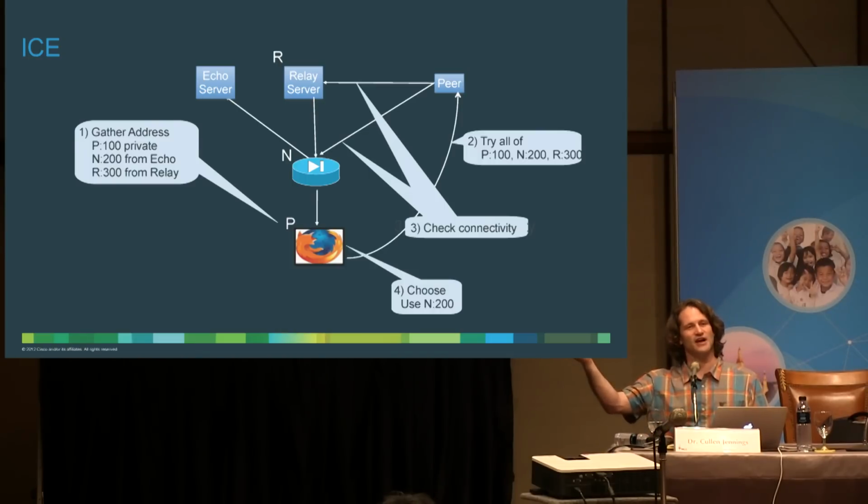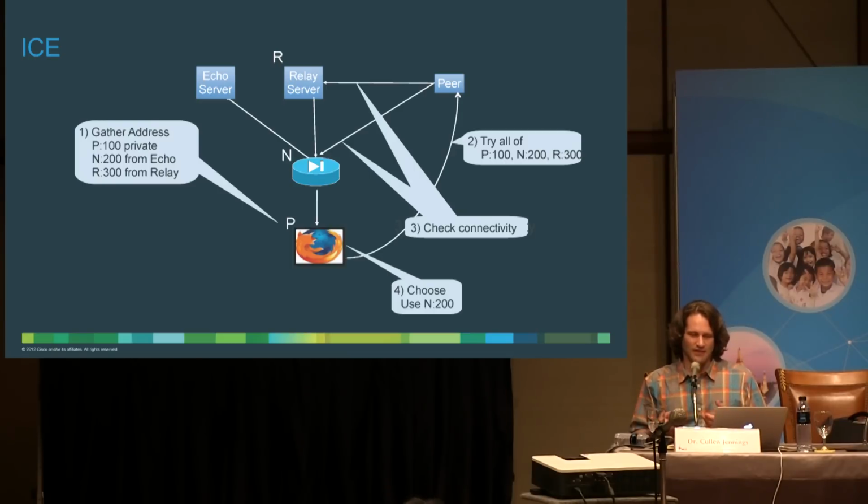That'll be the outside address of your NAT, and it'll give you the port and IP address on the outside of the NAT. Then we use another protocol called TURN, which is effectively a tunnel protocol that allows you to go out to the relay server, or the TURN server, in the internet and say, give me a public address and port on the TURN server that other people can reach me at.